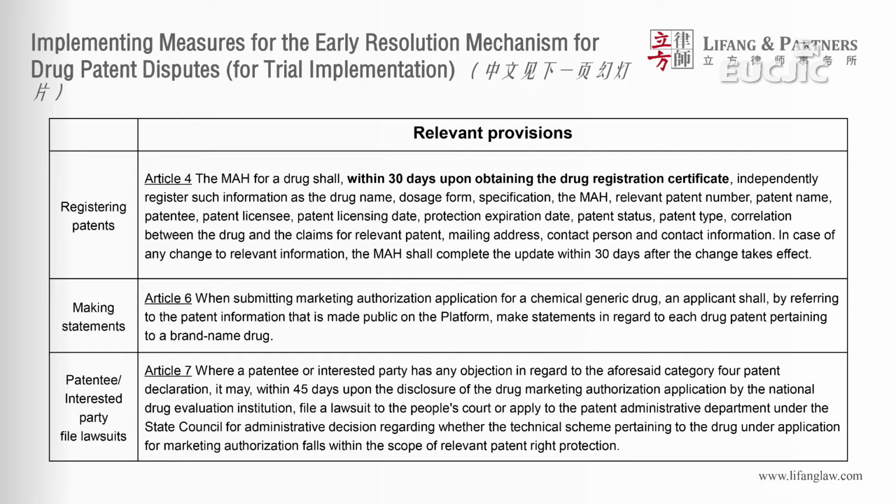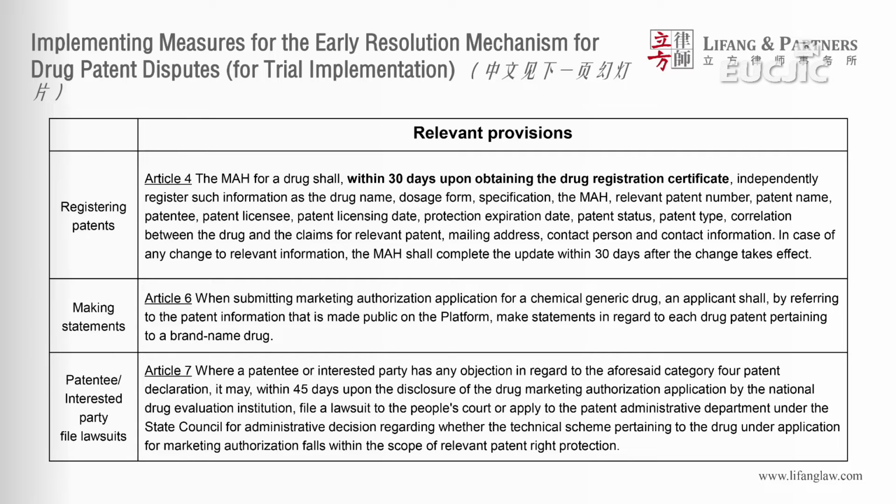Then after you list your patent, the generic drug company, when they submit their generic drug application, has to also make a statement about all these patents listed on this patent information list. You have 4 types of statement. We will cover that. Then the patentee could launch an action under this patent linkage system, as I mentioned, either before the court or before the patent office.